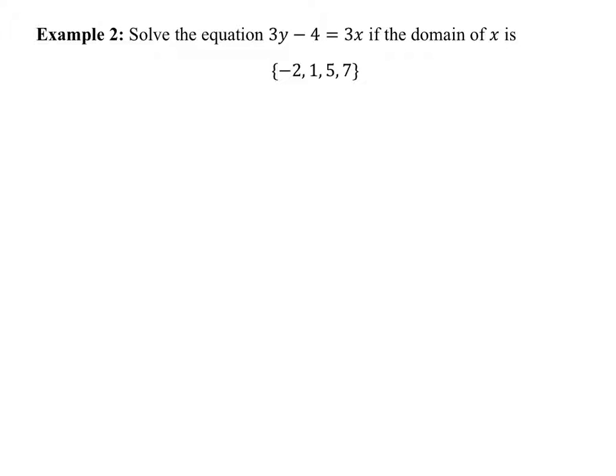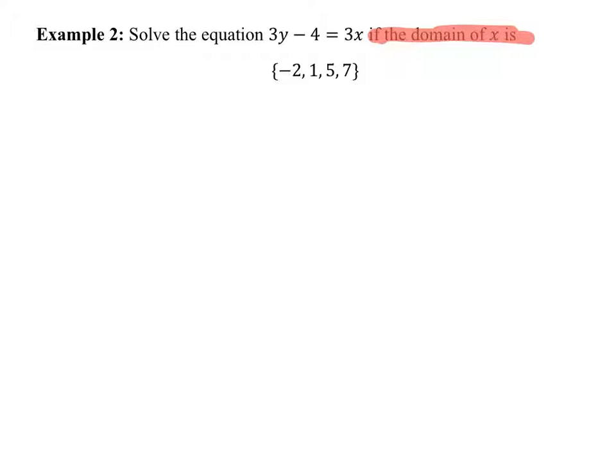The second one asks you, given these are the x values, solve the equation, meaning come up with the other coordinates. I'm going to skip this one, but I'm going to tell you what you're going to be doing. It says if the domain of x, write this down if you need to, means the values x can take on.